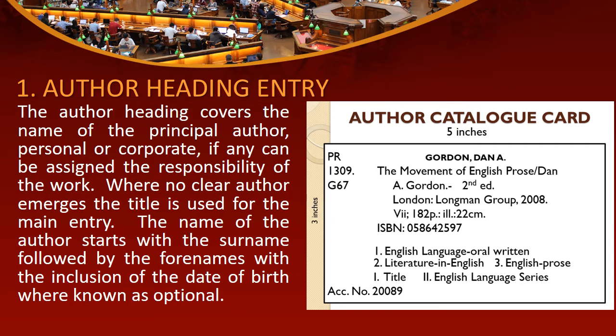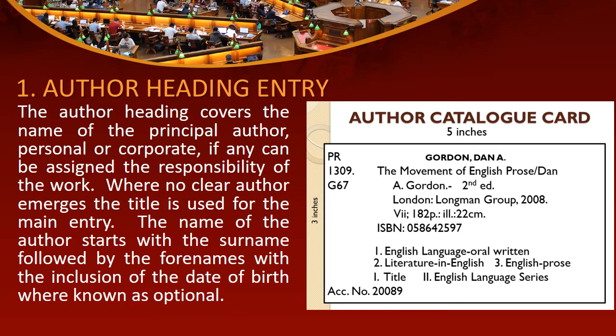Okay. If there is no clear author, you don't know the name of the author, maybe you copy something from the internet and there is no author that this work can be ascribed to, then you use the title, as the case may be.